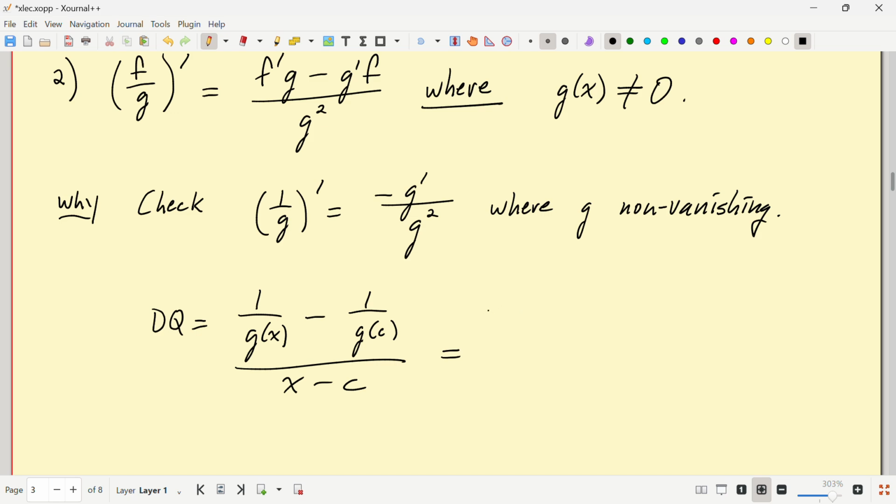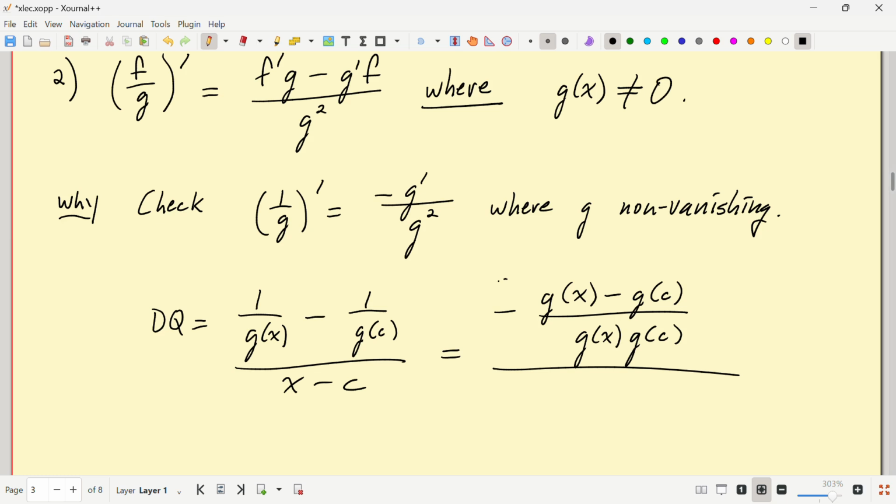I'll put the minus sign in front because it'll make it look nicer. I get g of x minus g of c over g of x times g of c, divided by x minus c. Then you see the difference quotient for g just popping right out at you.